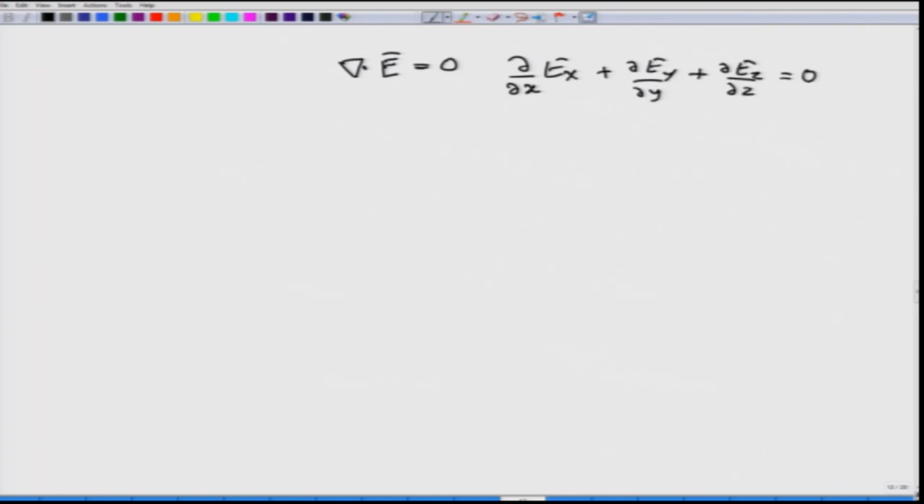Clearly, in the case that we have been considering, there is no E z component, therefore, del E z by del z is equal to 0. Furthermore, because this is a uniform plane wave, E x is not a function of x and E y is not a function of y, and this is also equal to 0. Okay. So, the conditions that we assumed are naturally satisfied.